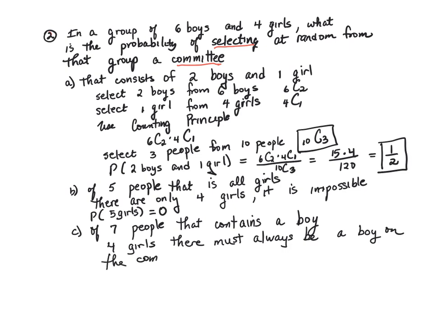There has to be, because even if we pick all 4 girls, there has to be at least one boy in a 7-person committee.